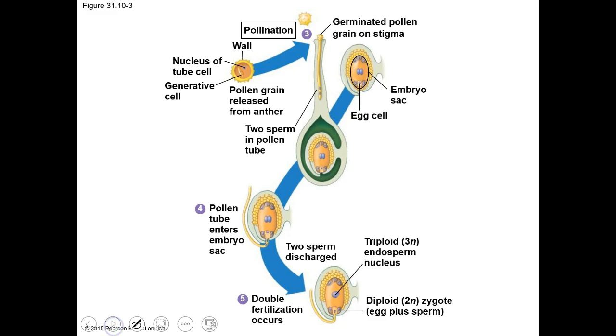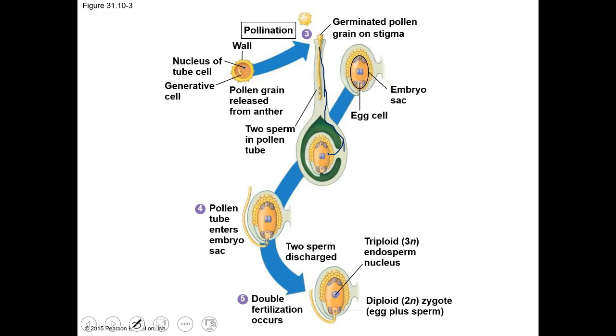So what happens is that the whole male plant, the gametophyte, will land at the sticky stigma of the female parts. It'll grow, some sort of mitosis type stuff, but it'll grow down and eventually enter into the tube.